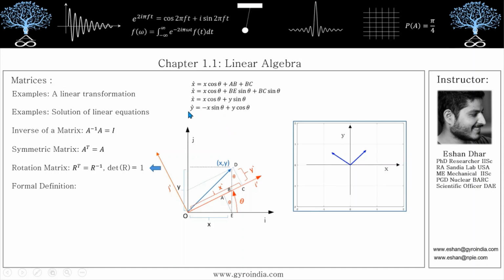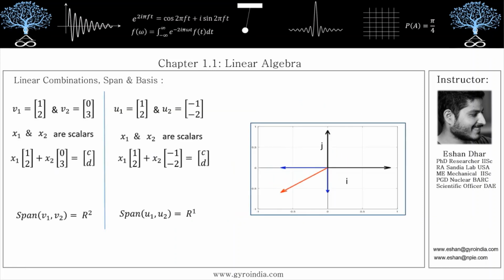And in similar fashion, we can derive y hat. In matrix notation, we can write this set of equations as follows, and observe that this particular matrix is the rotation matrix.